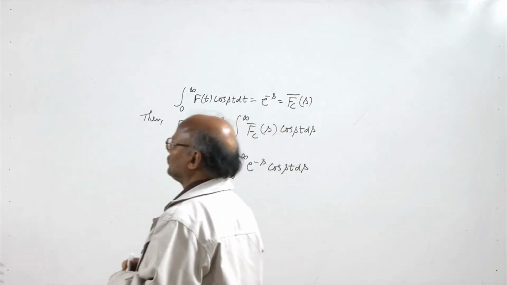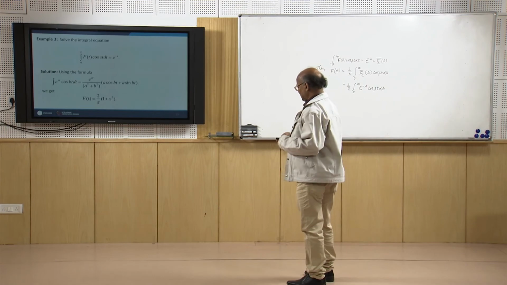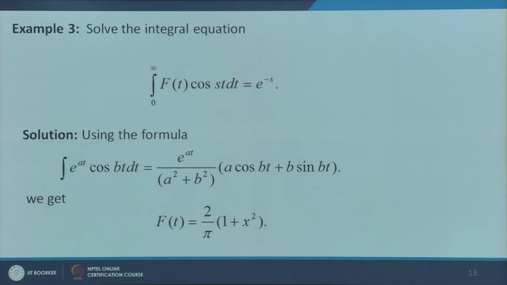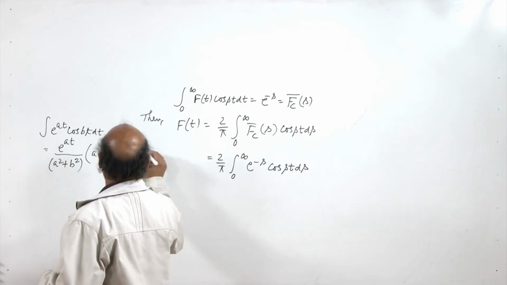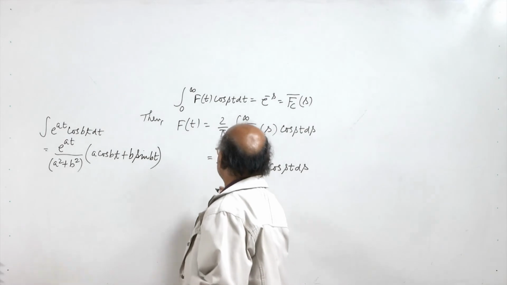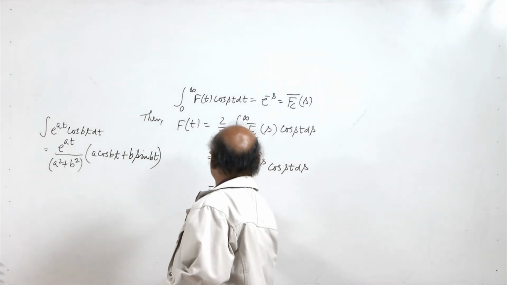Now we can make use of the known formula. This formula is known to us. Let's use the formula: integral of e to the power at cos(bt) dt is equal to e to the power at over (a square plus b square) times (a cos bt plus b sin bt). So this is equal to 2 over π.